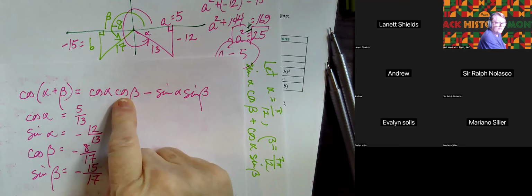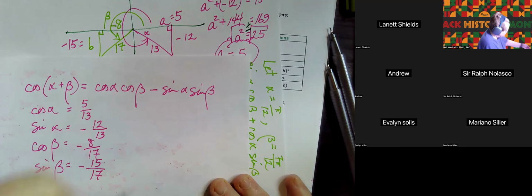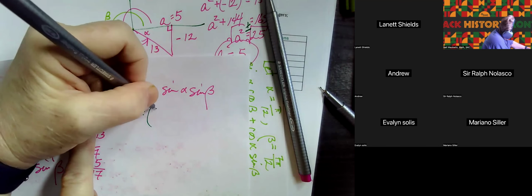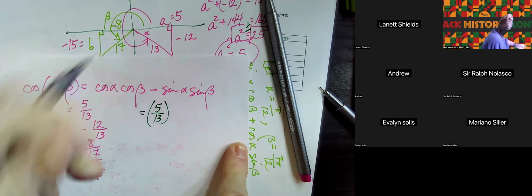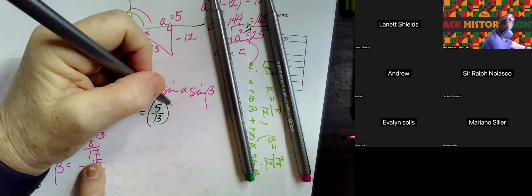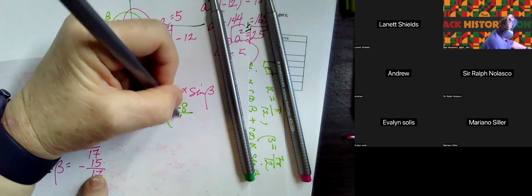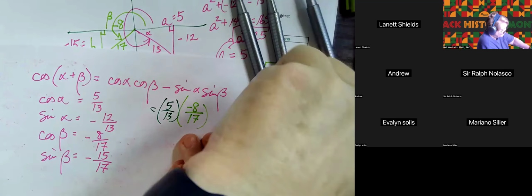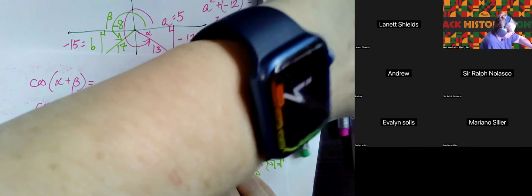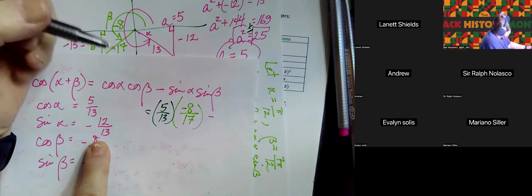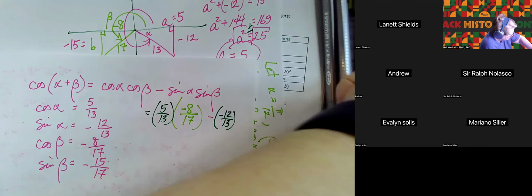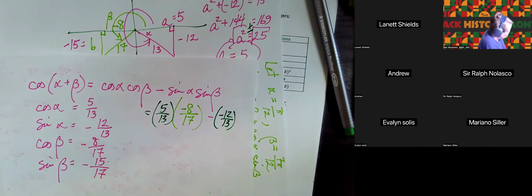And we are putting the cosines together and the sines together. Let's see. 5/13 times -8/17, and then we've got -12/13 times -15/17.